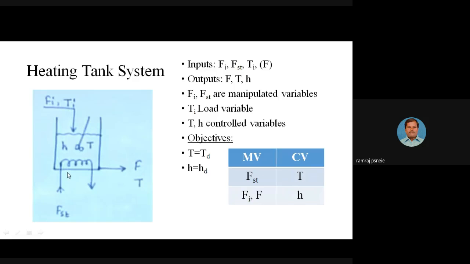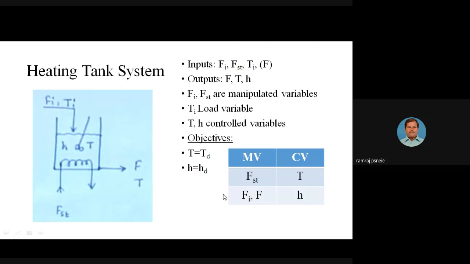By using the flow rate of steam. So the flow rate of steam is your manipulative variable here. How can we correct the changes in the liquid level in the tank? Two possibilities are there: you could change the inlet flow rate or the outlet flow rate. So these two are manipulated variables.